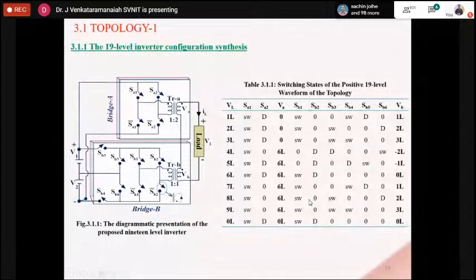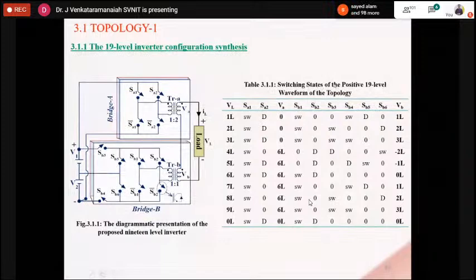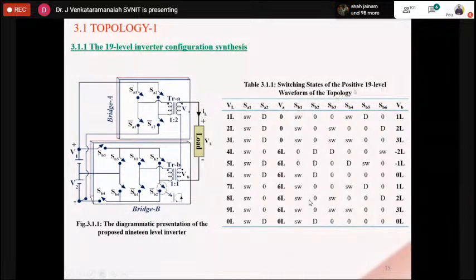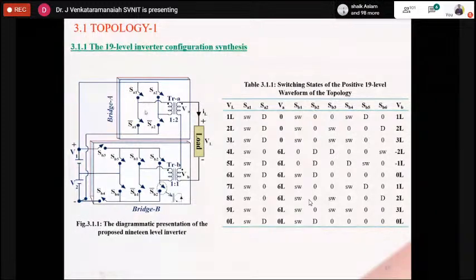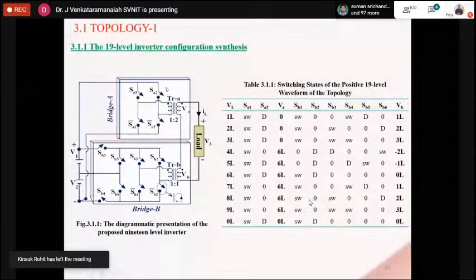I will explain the switching states of the positive 19 level voltage waveform, because the negative level is just a replica of that. For the positive level, SA1 and SA2 will turn on. For the negative level, the cross switches will turn on. That is the only difference.